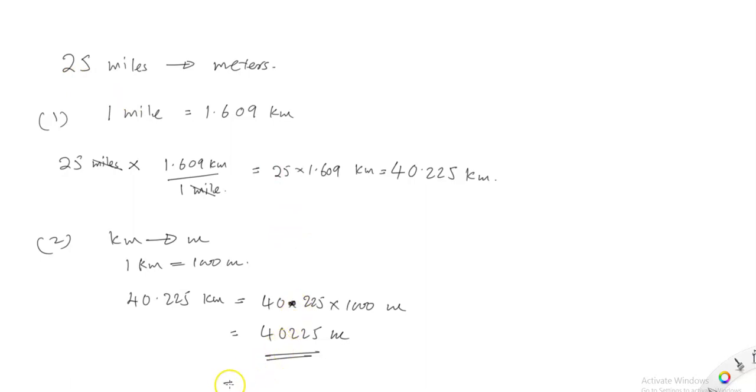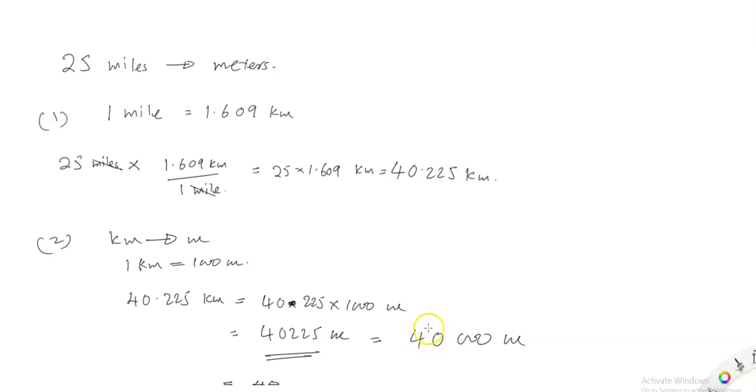So I'm going to say this equals 40,000 meters and say that this has only 2 significant figures. I have to say in words that the answer has only 2 sig figs. Otherwise we wouldn't know whether it's 1, 2, 3, 4 or 5, right? So we have to mention that the answer has 2 sig figs.